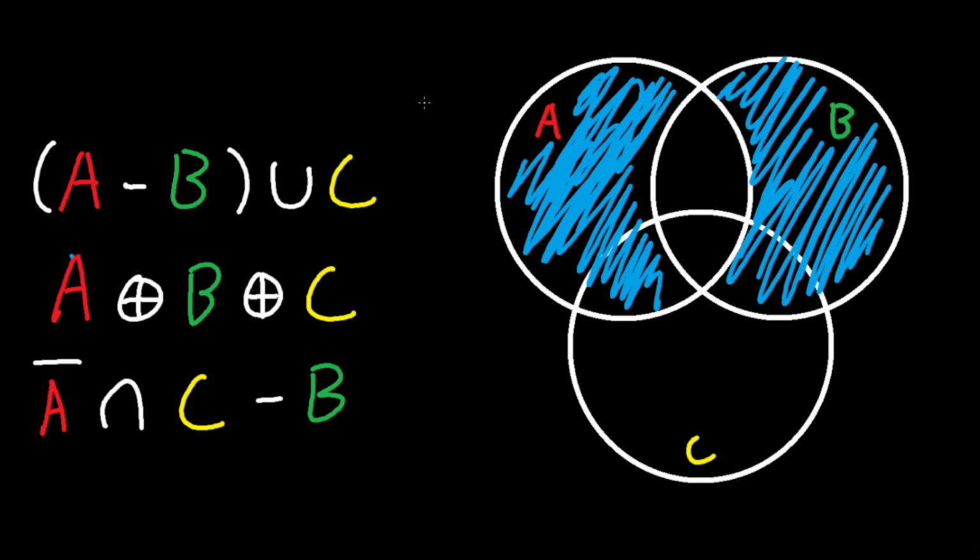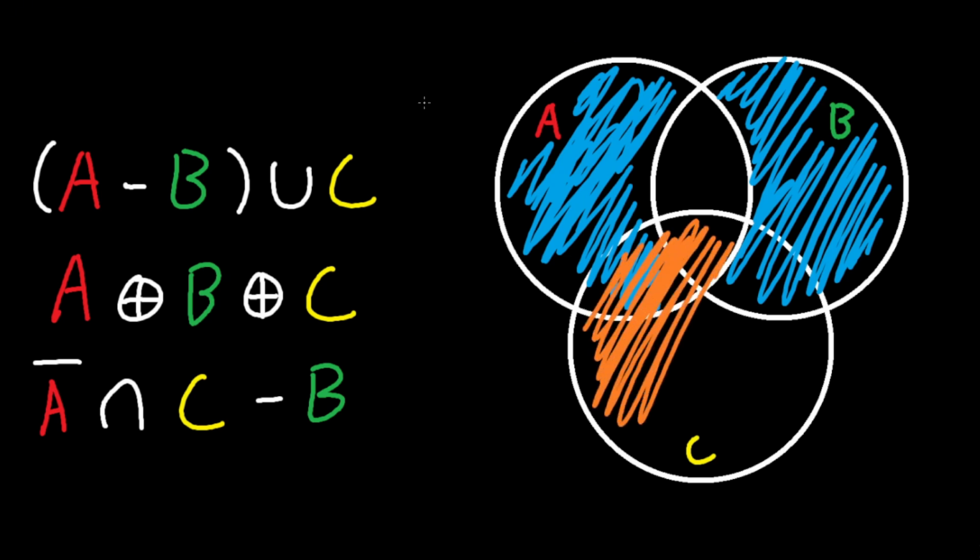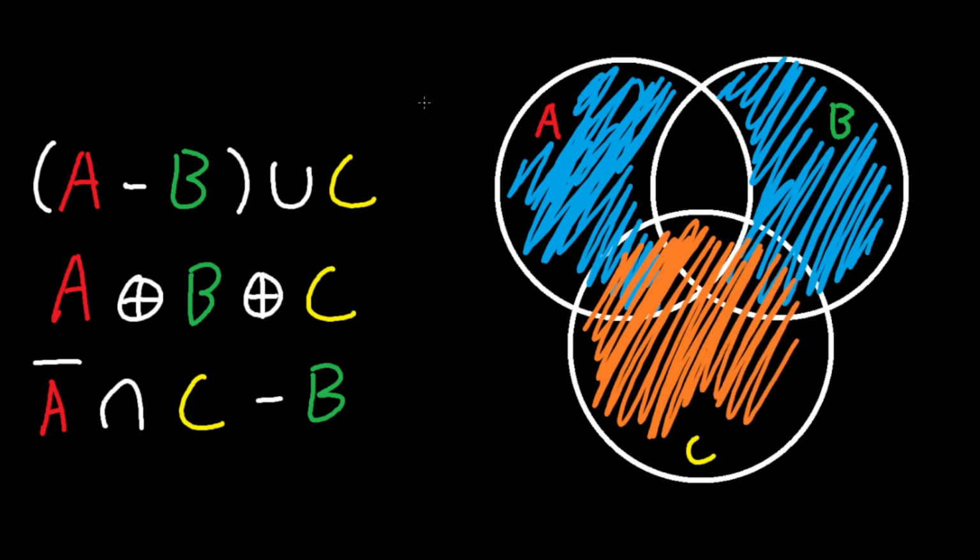All right, now that we have solved A with the symmetric difference of B, we need to take the symmetric difference with C. So remember, again, we just fill this out. Let's choose orange and fill out C. Any parts that overlap, we erase. Which parts overlap? This portion and this portion right here.